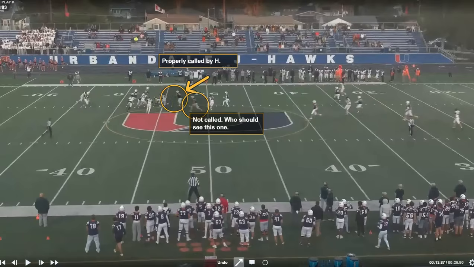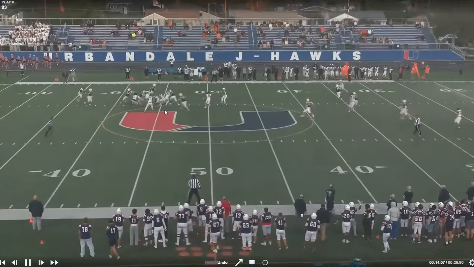If we had that first one during the kick before the ball is possessed by Team R, then we're going to enforce that PSK from the end of the kick, from the 30 back to the 15, instead of from the 45 spot of the foul on this one, back to the 30. So when in doubt, make it during the kick. But if we're sure it's during the return, then put it during the return.